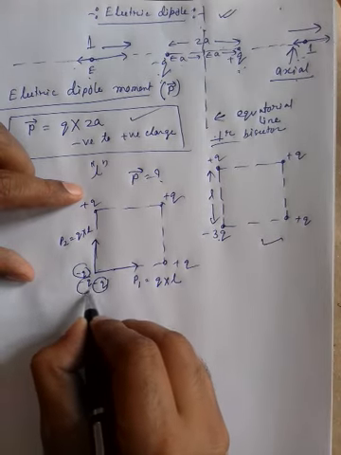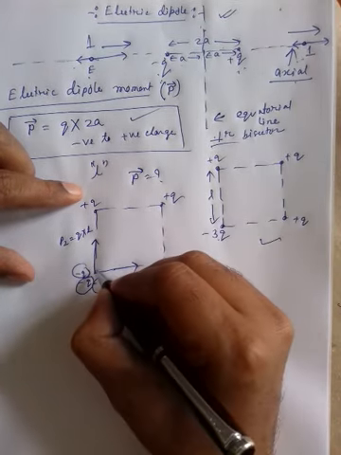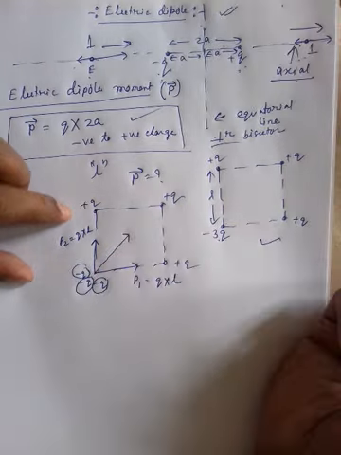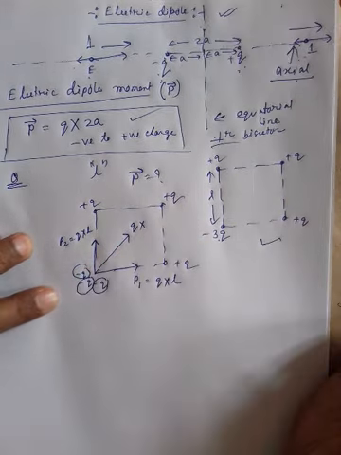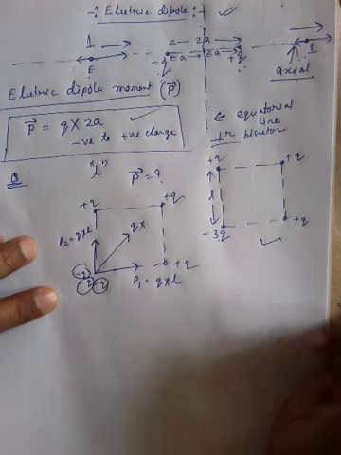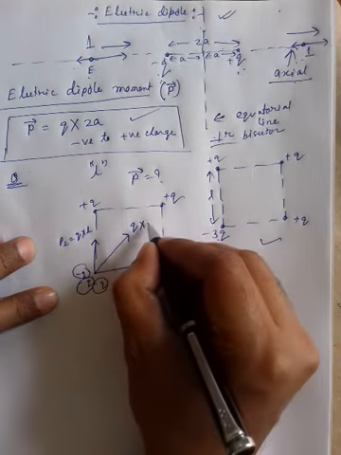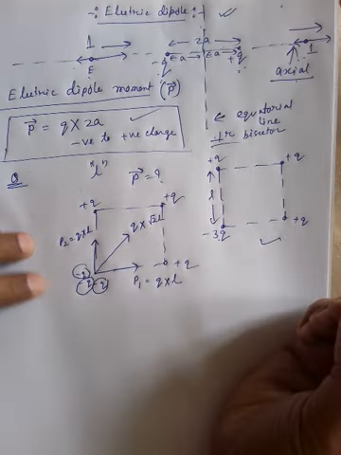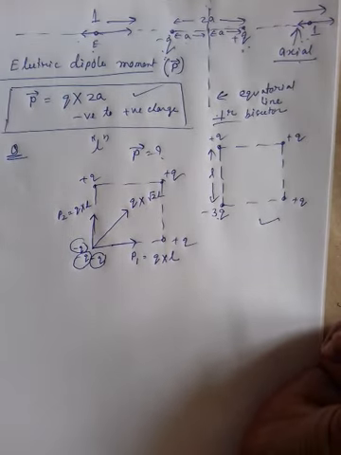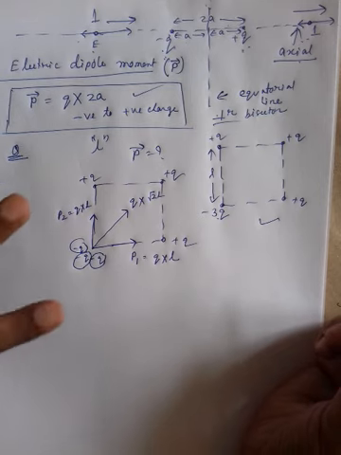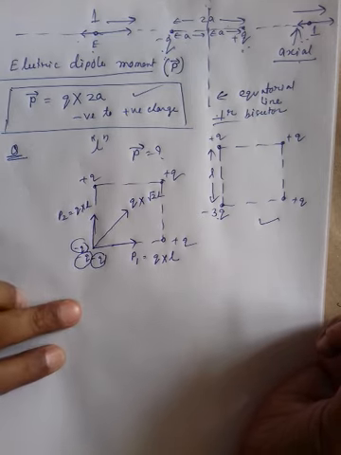This remaining minus q with this plus q will form a dipole on this side. This dipole is q, because either charge plus or minus is not required, and the separation from here to here is root 2 L. So these are the three dipoles present, but we have to get the dipole moment associated with the whole combination. Dipole moment is a vector quantity, so we have to go for their vector sum.